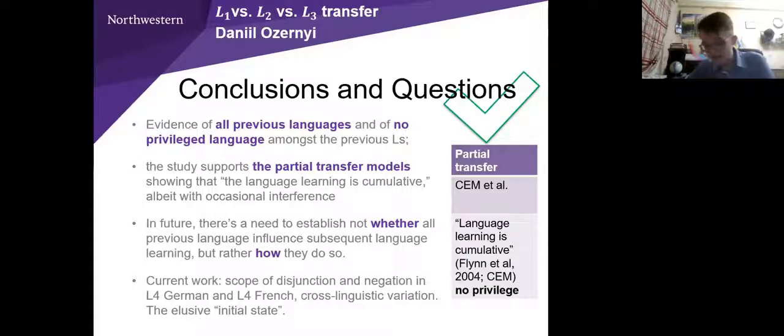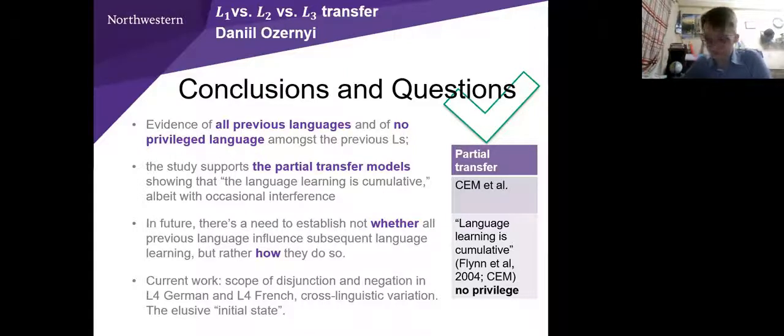Thus, the insights which L4 acquisition gives can be of great use to L3 acquisition to distinguish and tease apart between different models and help to solve the debate. But these findings are also very valuable standalone findings.